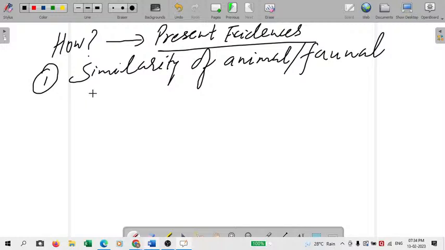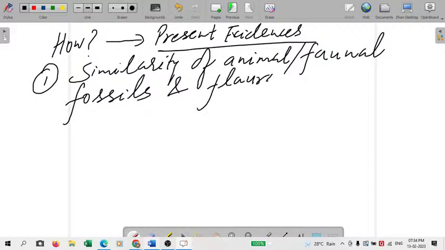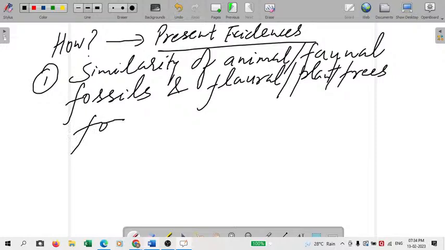Now, similarity of animal / faunal fossils and floral / plant fossils. Plant कर दीजिए, trees कर दीजिए. उन्होंने क्या बोला कि fossils क्या होता है?